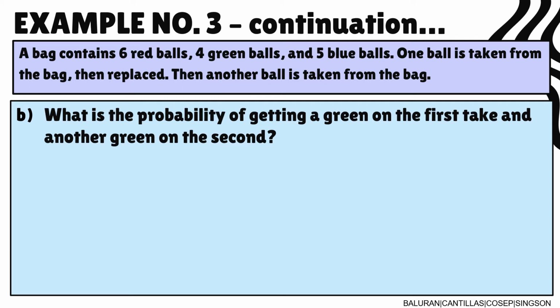The second question is, what is the probability of getting a green on the first take and another green on the second take? In this case, we will use the notation: the probability of the intersection of event G, meaning getting a green on the first take, and another event G, which is getting another green on the second take, is equal to the probability of getting a green on the first take times the probability of getting a green on the second take.